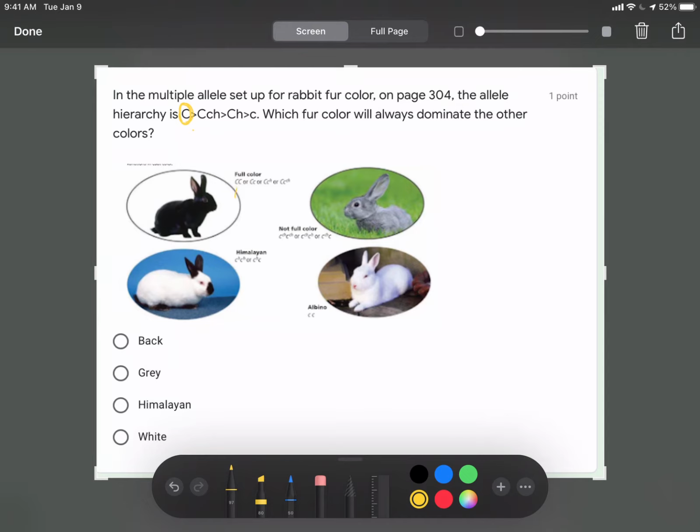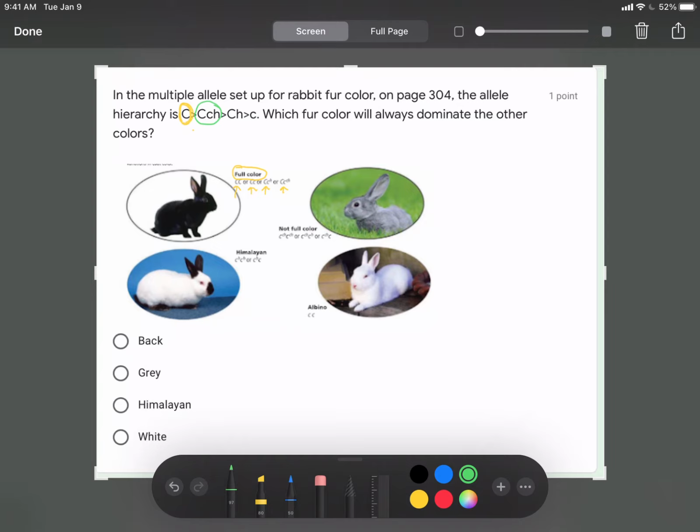Anytime you have a capital C in your genotype, you are going to get the phenotype of full color, 100% of the time. It's the most dominant gene. Okay, next on the list would be the not full color, this gray bunny. So this right here is next on the totem pole. So you can think of it like the queen.